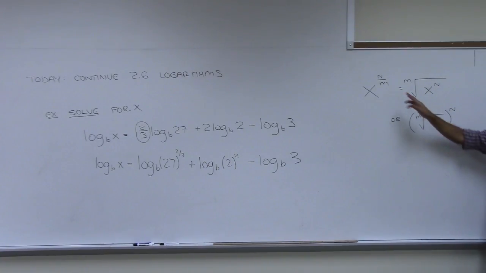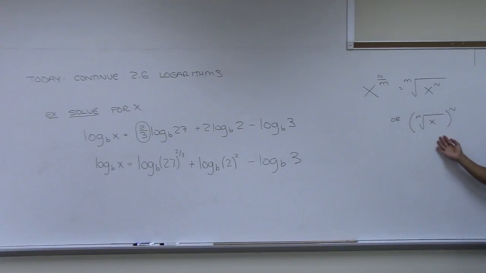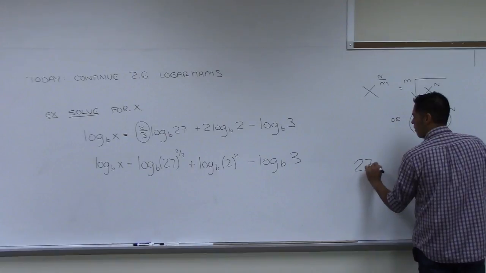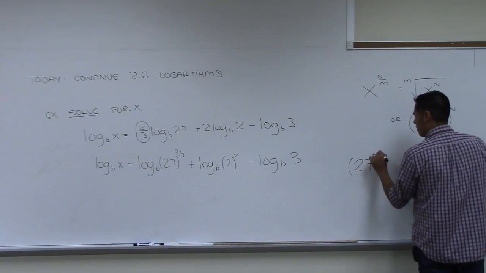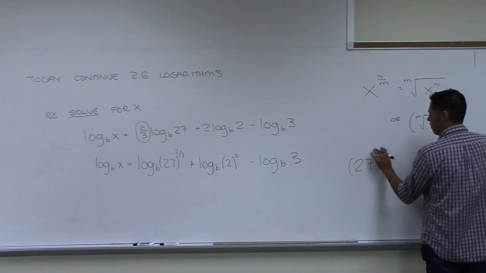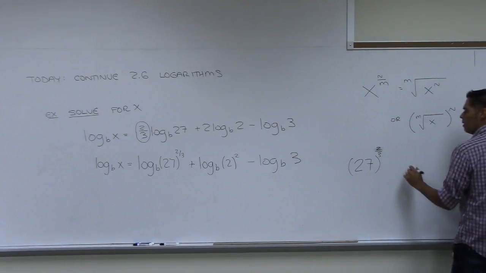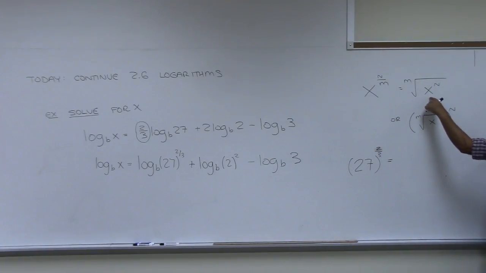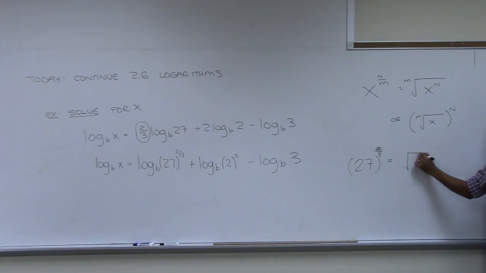We call these rational exponents. We call this radical notation. So if I have 27 raised to the 2/3, that's equivalent to, what would it be in terms of this one? What root is it?